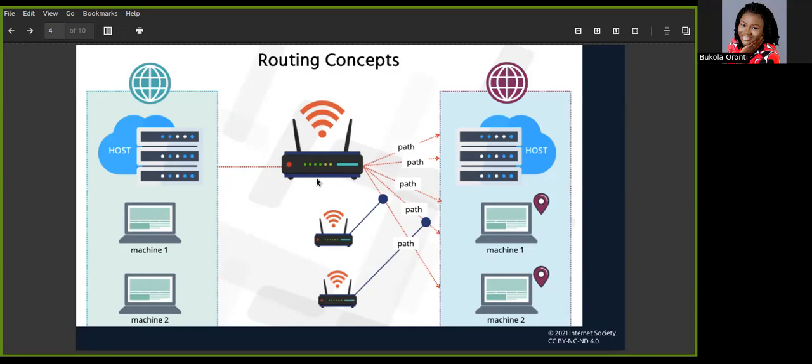If it's not, then once it checks the routing table, there will be another interface known as the gateway that has an address that is universal. You send it out through that, and that is how it keeps going until it gets to its desired network.